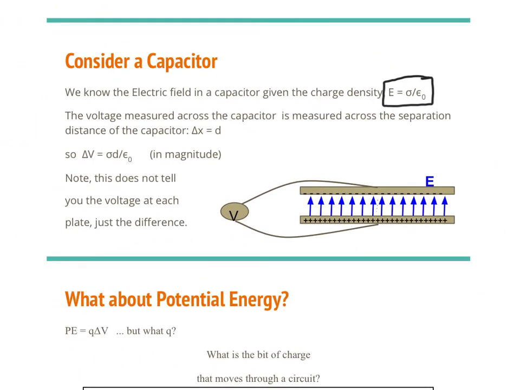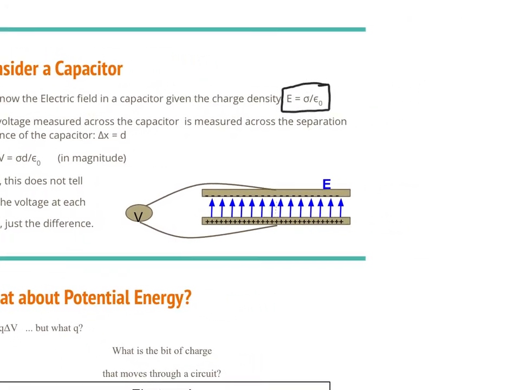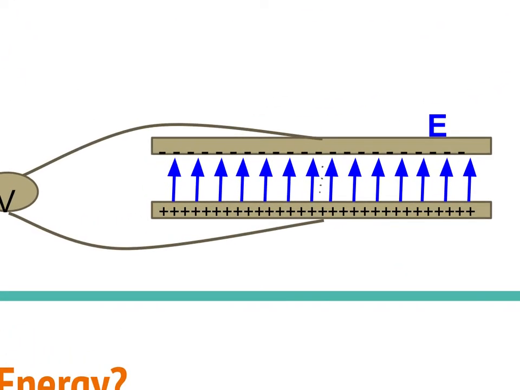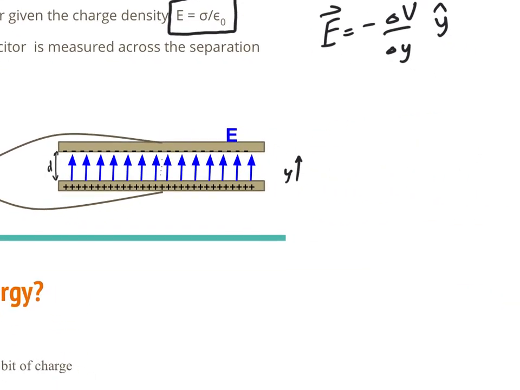No spatial dependence. So when I say that the electric field is equal to the negative slope of the voltage in the region, okay, and this looks like it's in a y-hat situation instead of an x-hat situation, then I can determine the voltage difference for a situation like this, but only if I know the distance between the plates.